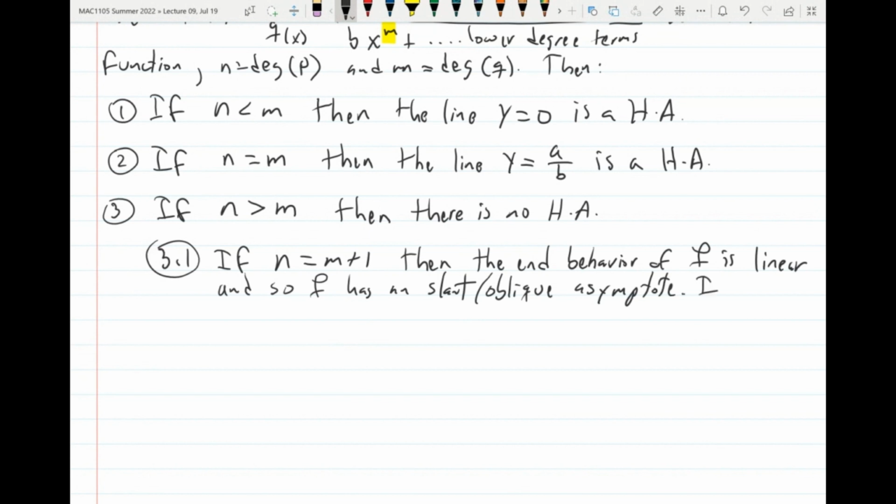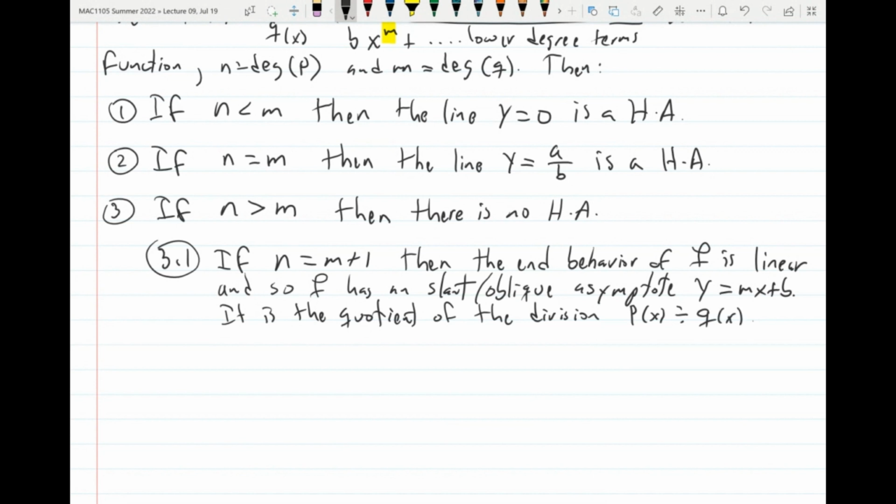Okay? And then how do you find it? The oblique asymptote is of the form y equals mx plus b, and it is found by long division, and it is the quotient of the division P divided by Q. So you do long division, you divide, remember P is the top and Q is the bottom.